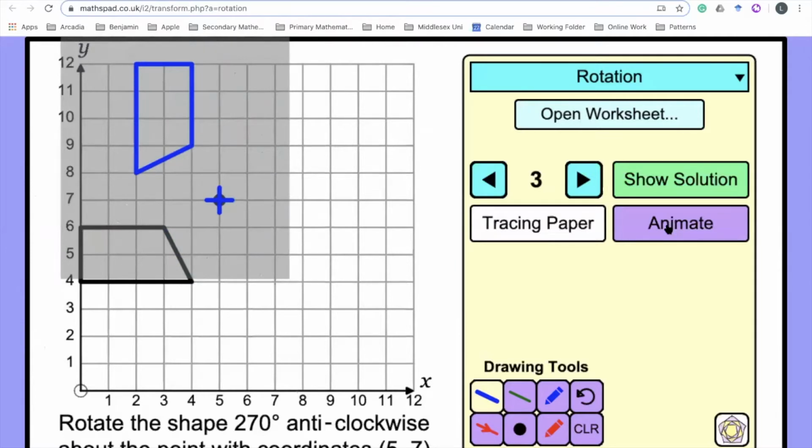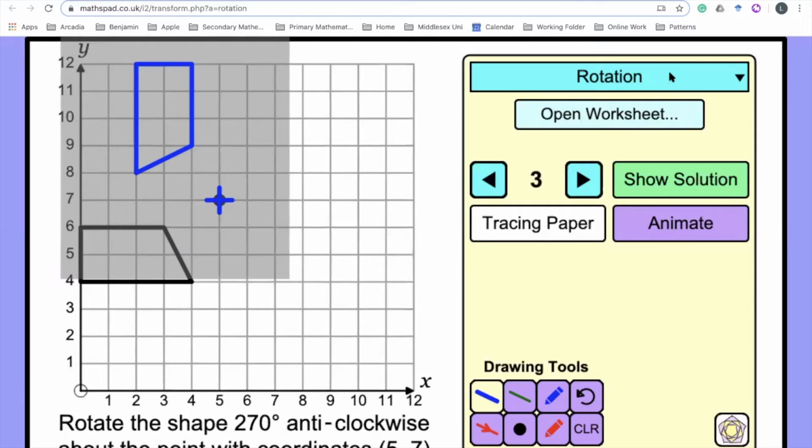Can somebody write in the chat for me? 270 degrees anti-clockwise is the same as what? Is there another instruction that is the same as 270 degrees anti-clockwise? How can I get from this shape to that shape?